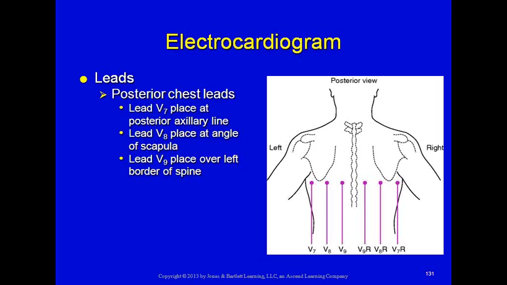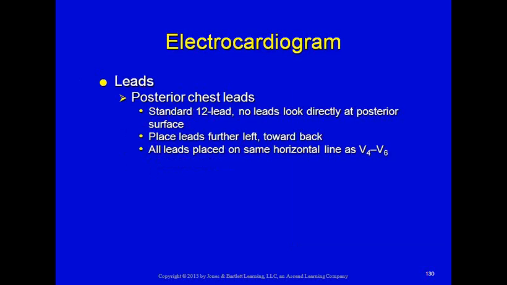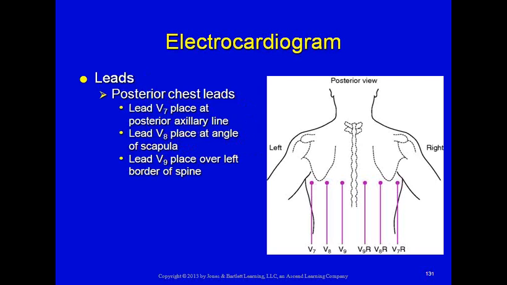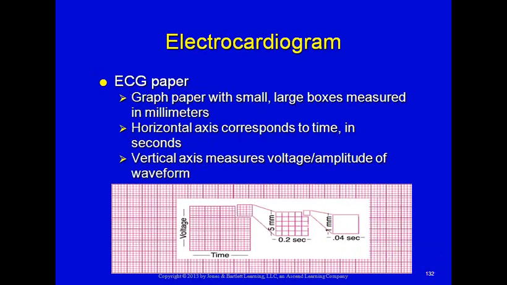You have the 12 on the front, and then you've got the 3 on the back. That's the 15 lead ECG, and when you add the other 3 there on the right, that's the 18 lead ECG.